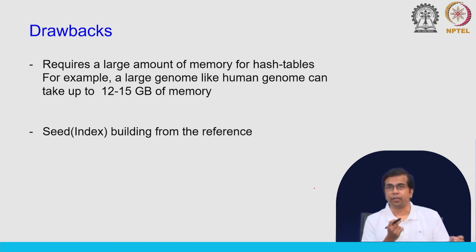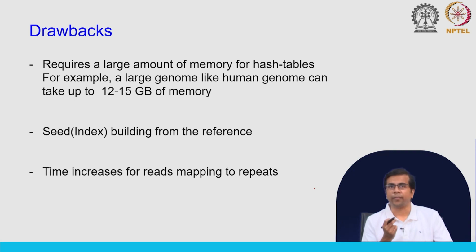If you think about this carefully, if your sequencing error increases, which is the case for long read sequencing, you have to design seeds to be shorter, so that most of the seeds will have some match against the hash table, and they will not contain the mutation or the sequencing error.